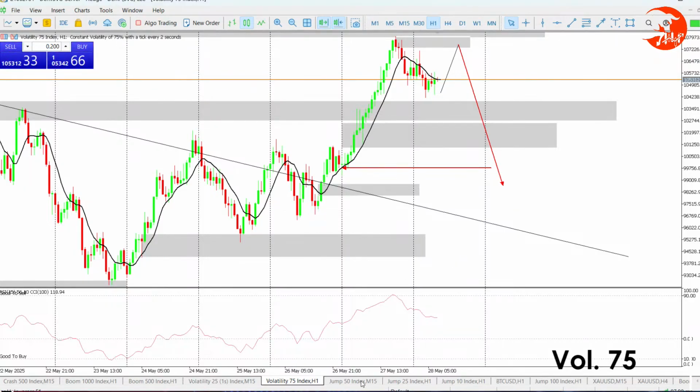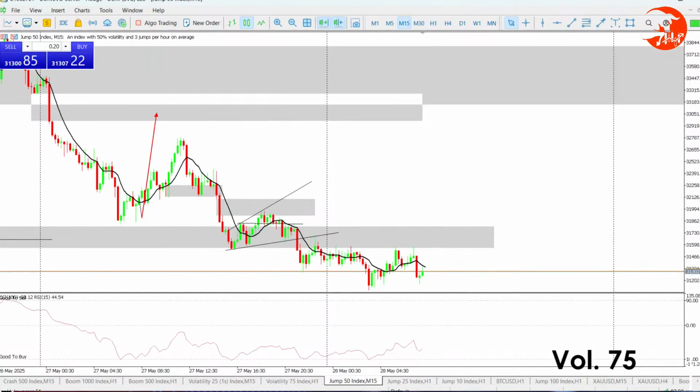Let's now head over to jump 50. So jump 50, I made a loss out of my negligence yesterday. I had put limit orders right here, where you see where I had put this.